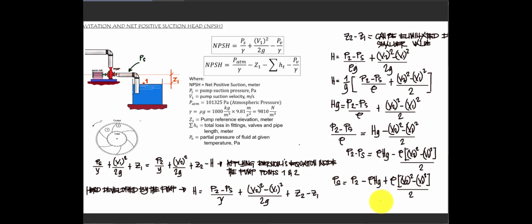So we have here the equation to get the pressure at the suction, PS.